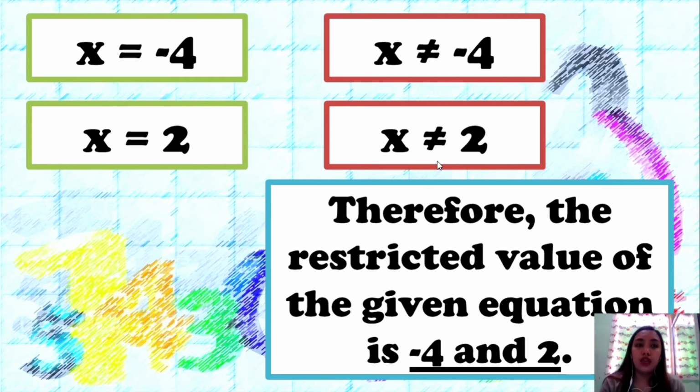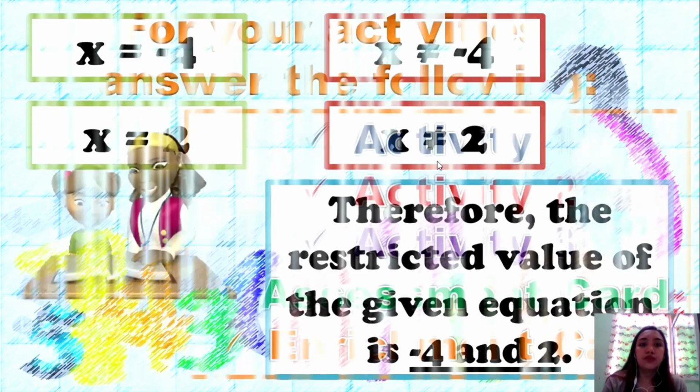So, meaning to say, lahat ng mga nakukuha nating value, ito po yung mga values na hindi pwedeng isubstitute sa value ng x. Kasi po, kapag sinubstitute natin po yan, magkakaroon po tayo ng 0 value. So, meaningless po ang rational expression po natin. So, ganito po ang process para mahanap po natin yung mga values na magpapa-undefined sa rational expressions.